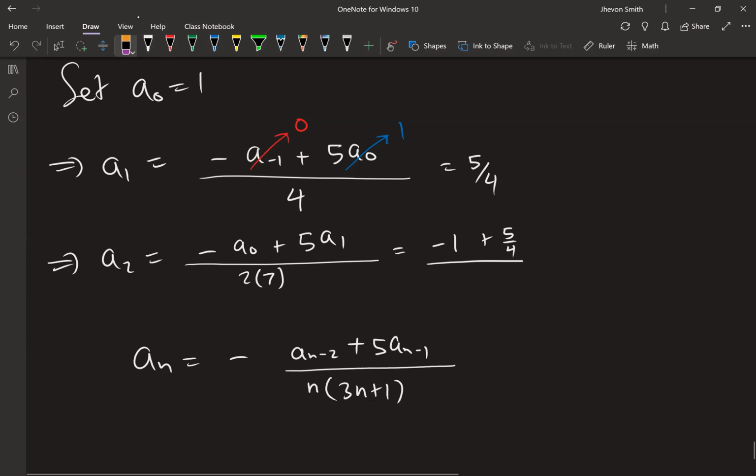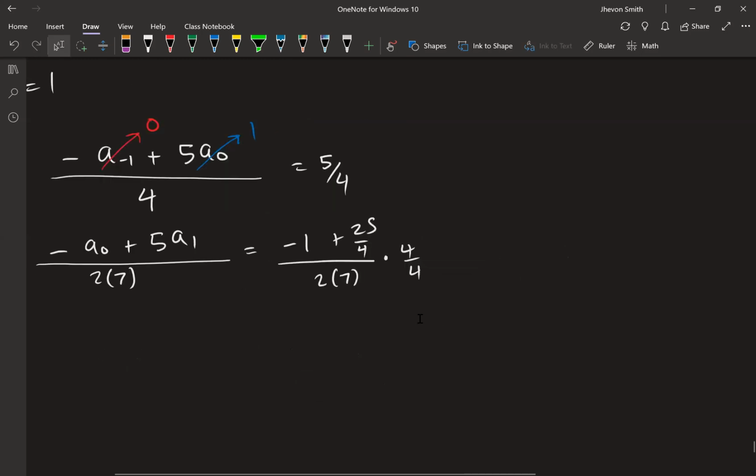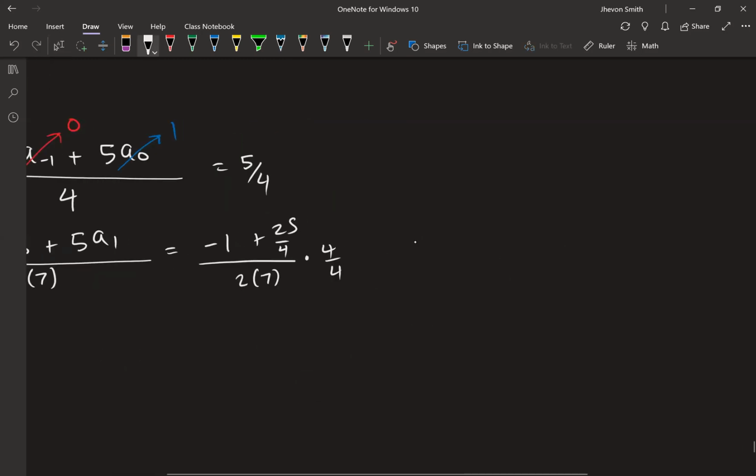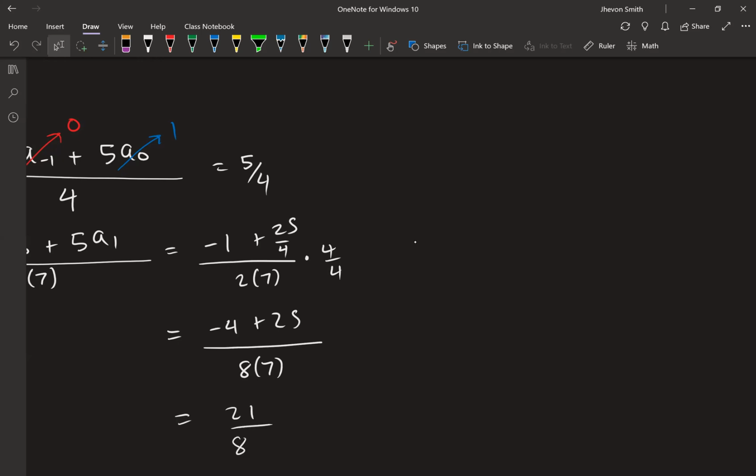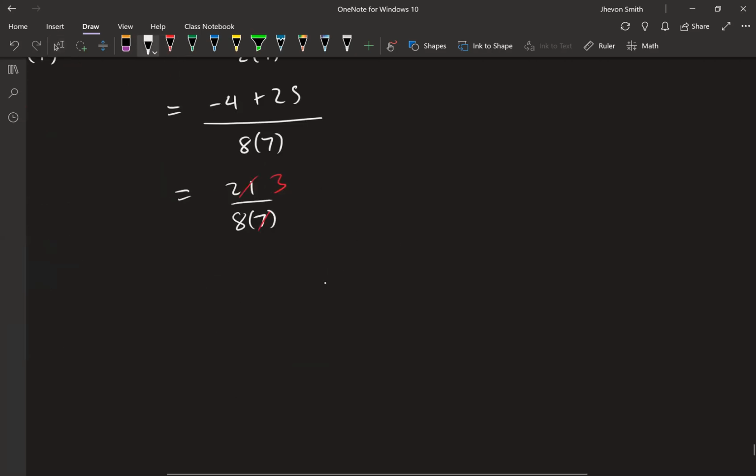Which means that this part here is 25 over 4 over 2 times 7, which I guess you can multiply by 4 over 4. And it just asks for A2, so I'm just going to find that. So this would give us minus 4 plus 25 over 8 times 7. So this is going to be 21 over 8 times 7. And 7 goes into 21 3 times. So this just gives you 3/8.